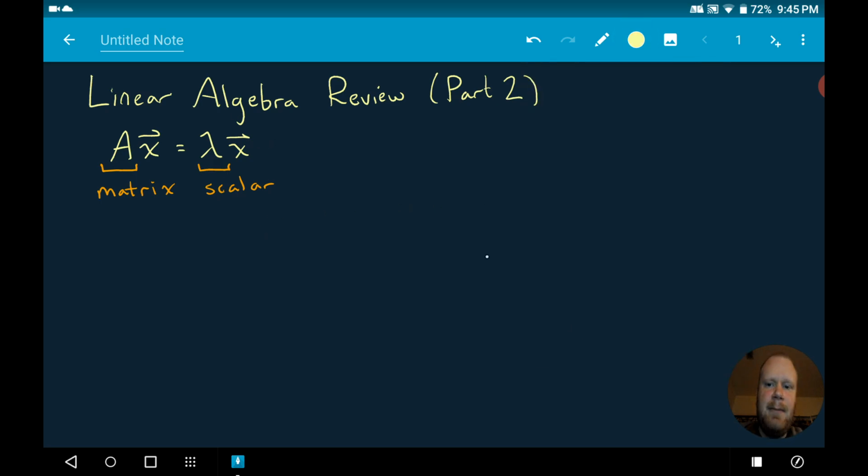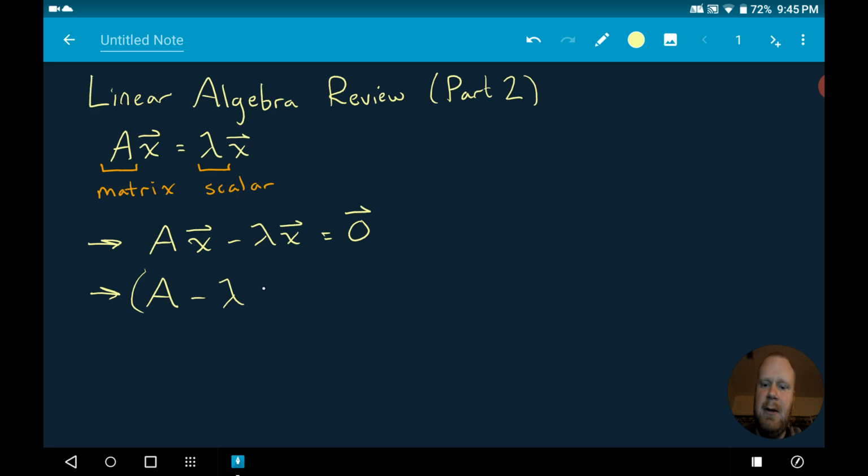So just like last video, we can take this and set that equal to the 0 vector by subtracting this from both sides, and we can also combine like terms where we say this is A minus lambda, but since this is a matrix and this is a scalar, we need to multiply that by the identity matrix.